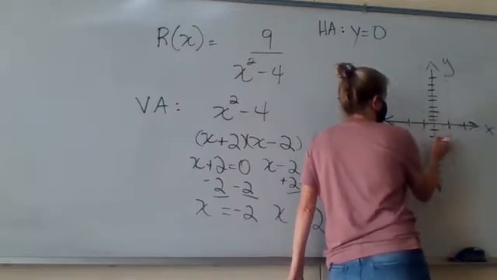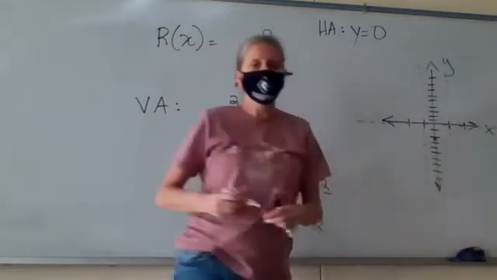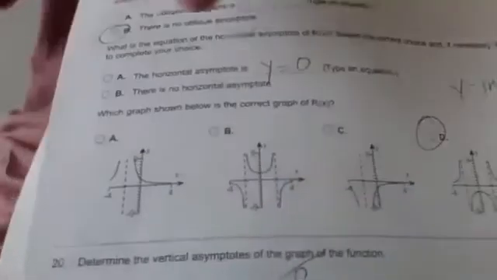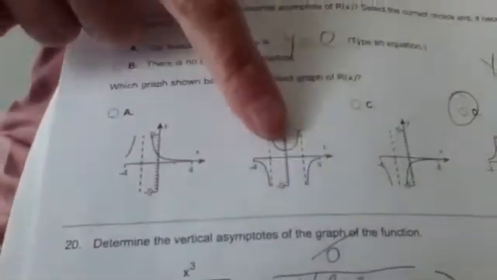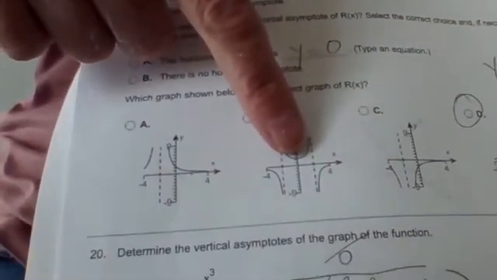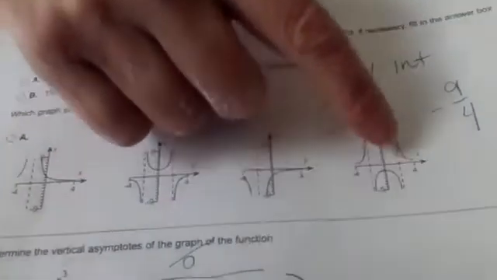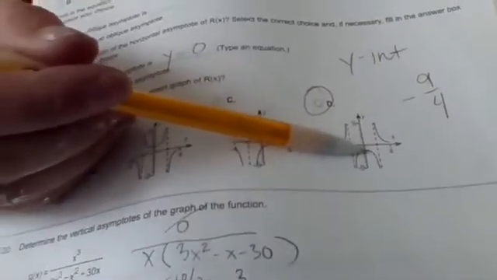So maybe about right there is where it's going to cross through the y-axis. That's how you know it is D instead of B, because B crosses through the y-axis up here in the positive. D crosses through in the negative. So it has your vertical asymptotes in the right spot, and then it has the y-intercept down here at -9/4.